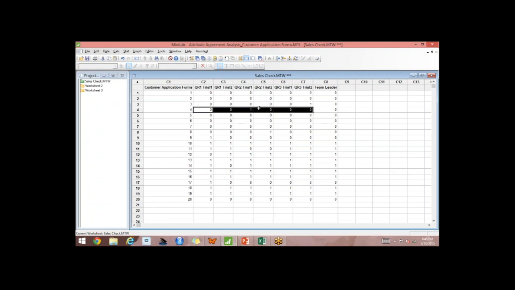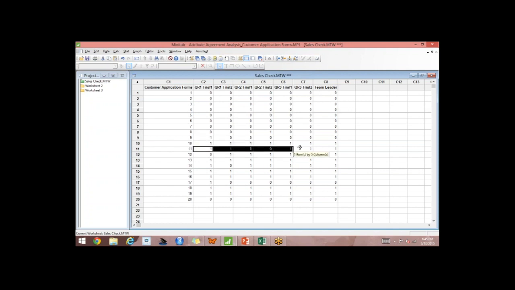There is a second mismatch. Here we have a third mismatch, right? Quality representative 2 in trial 2 says the customer application form is complete. But in the rest of the places, the trials performed by quality representatives 1 and 3 say it is incomplete. So another mismatch.